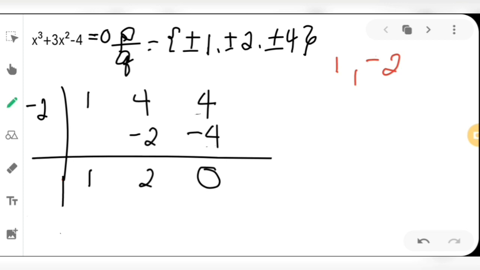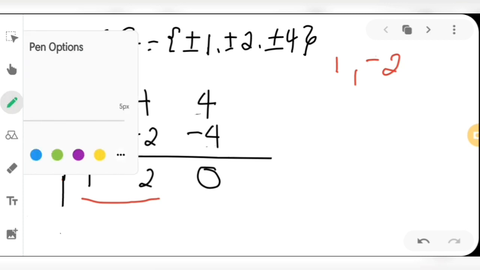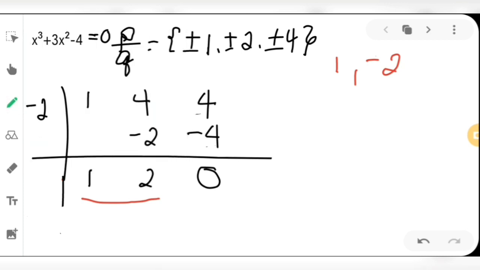Now, the numerical coefficients of the quotient are 1 and 2, which indicates that the quotient is a binomial in linear form, or of the first degree. So we can write it as 1x plus 2, or x plus 2.